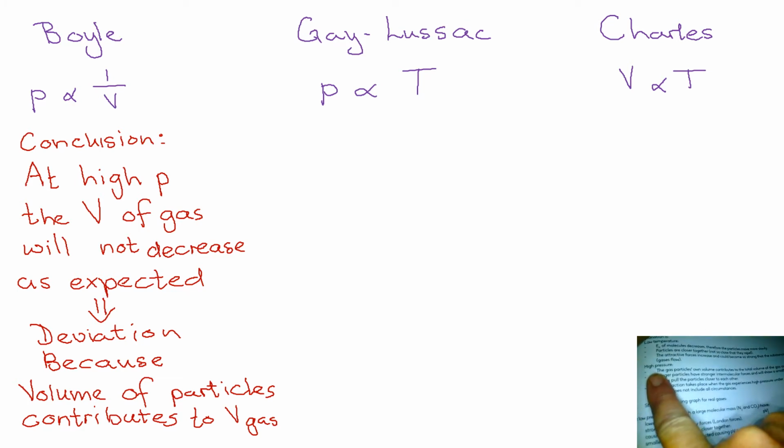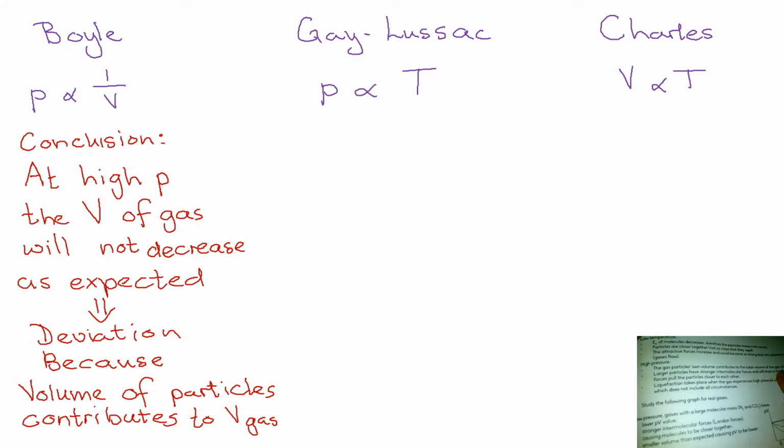it says the gas particles' own volume contributes to the total volume of the gas and is therefore larger. So the larger the particles, they have stronger intermolecular forces and will show a smaller volume because the forces will pull the particles closer together.